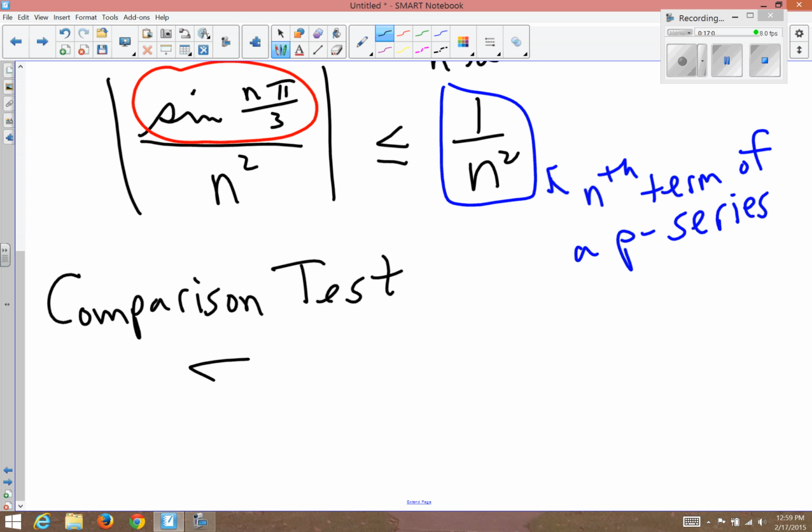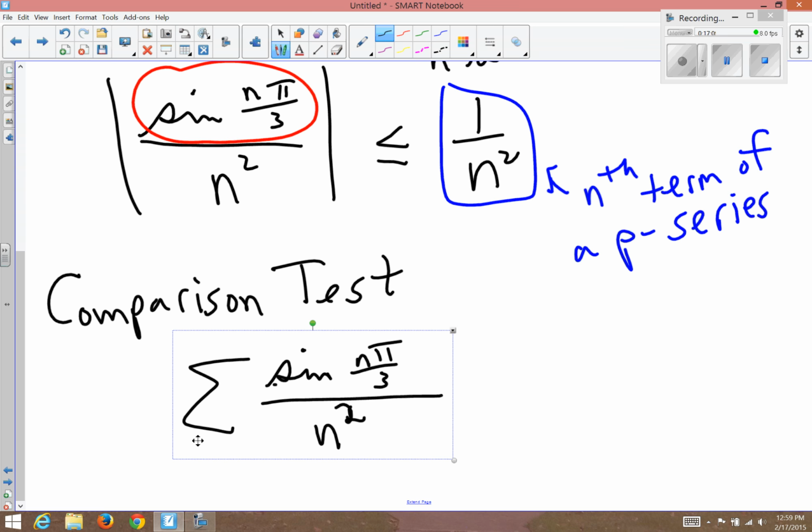So we're going to say sigma sine n pi over 3 over n squared converges absolutely, because we're looking at the absolute values of the terms.